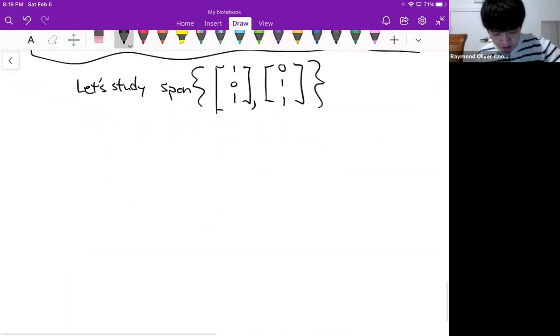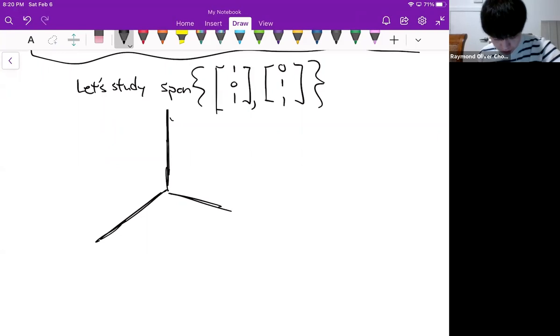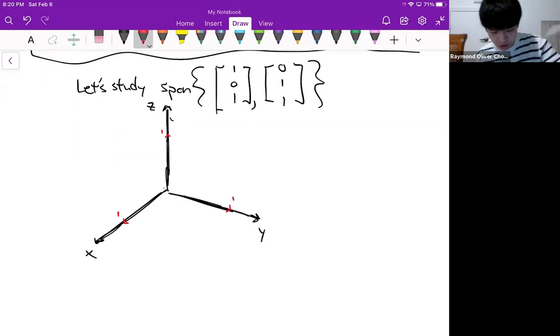So let's draw this because we can actually draw this. X, Y, Z. So 1, 0, 1 looks something like, okay, let's see, 1, 1, 1. And so 1 in the x direction, 1 in the z direction looks something like this, with the shadow on the x-axis.